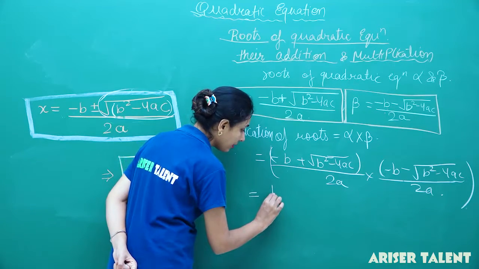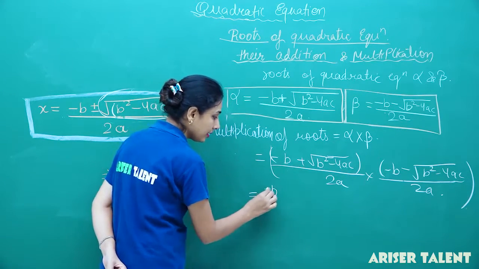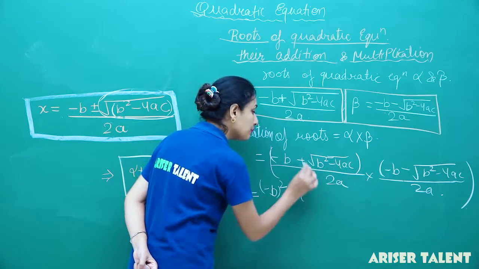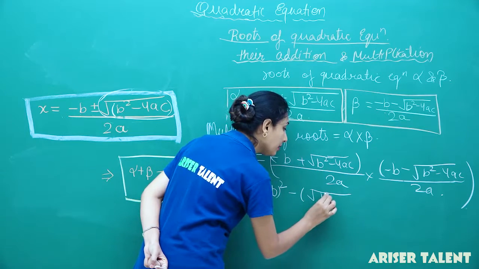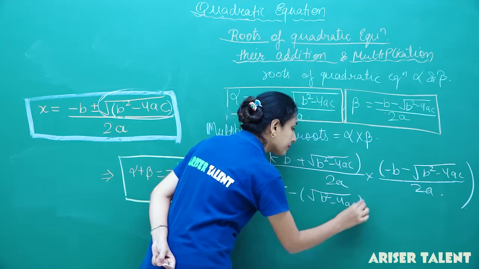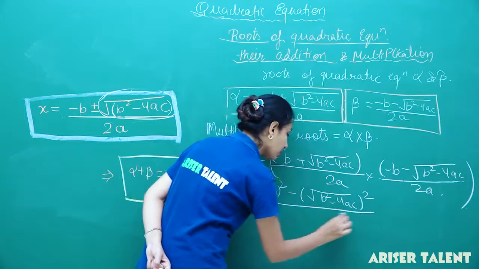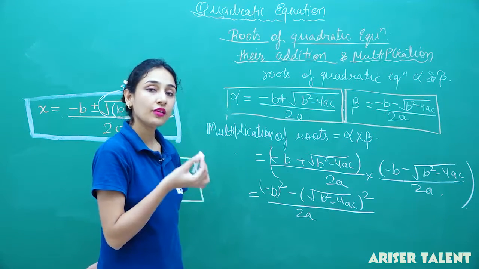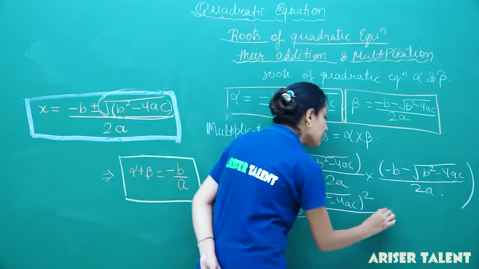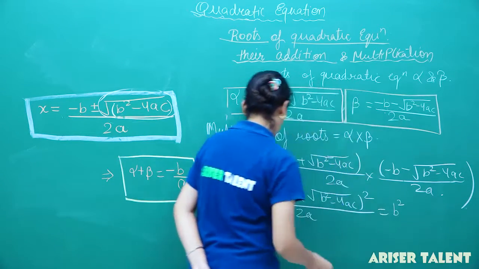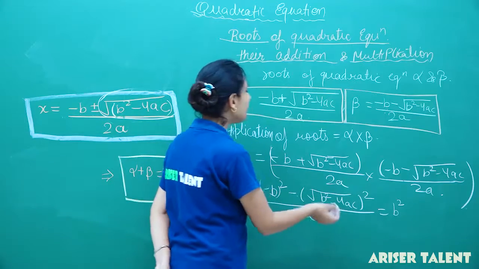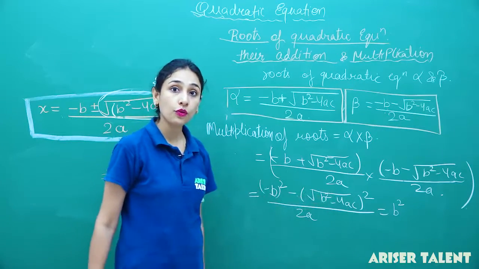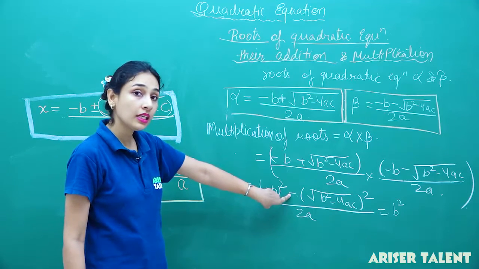This is a square minus b square. Now minus b whole square will give you b square, so just writing b square here. Now this root will be eliminated. So what will you have? b square minus 4ac, and this minus sign here.